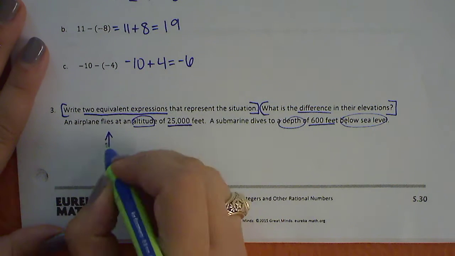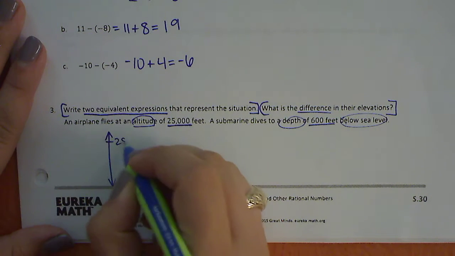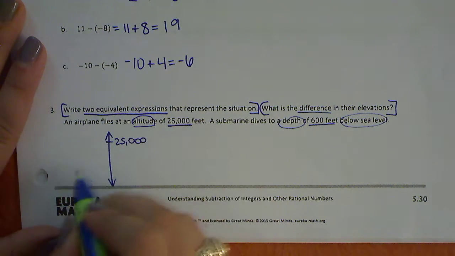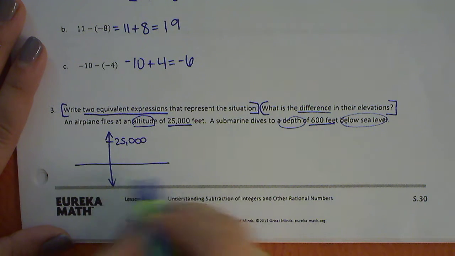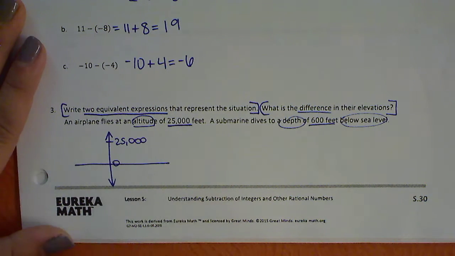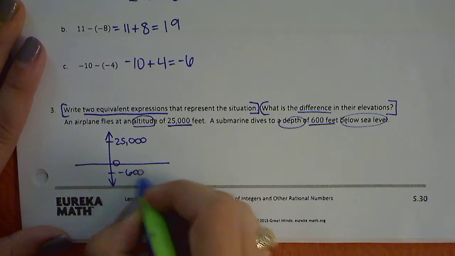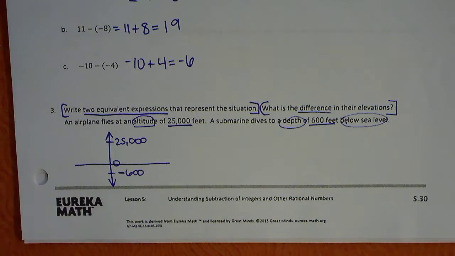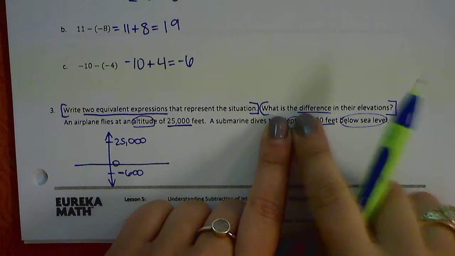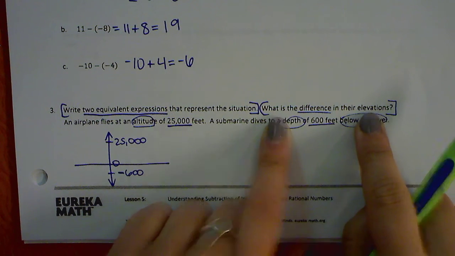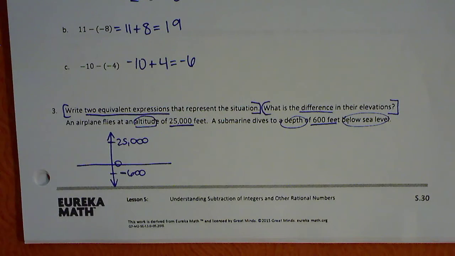A plane is way up here at 25,000 feet. Maybe this is the ground, which is 0. And then the submarine is way down here, 600 feet below sea level, which is negative 600. I'm trying to find the difference in their elevations, and I'm going to write 2 equivalent expressions.